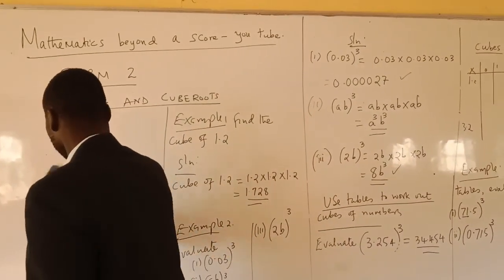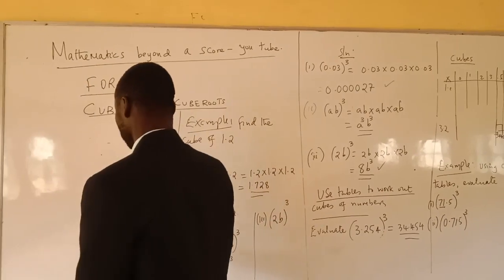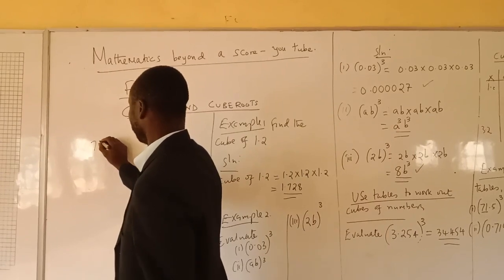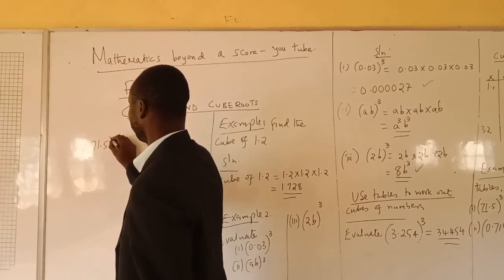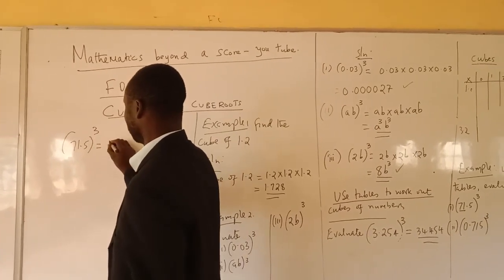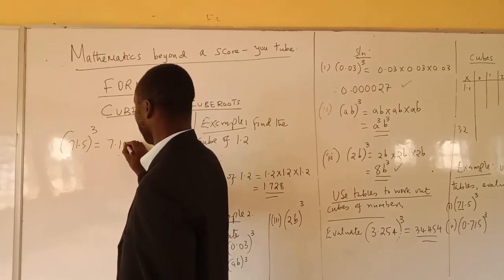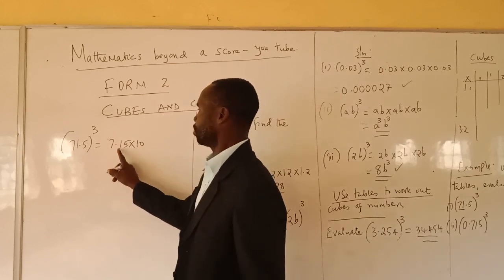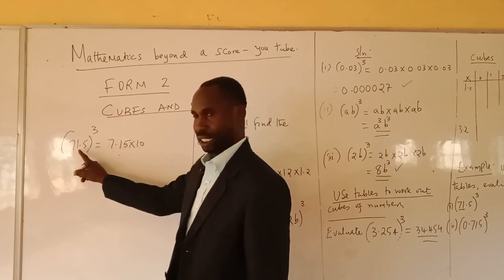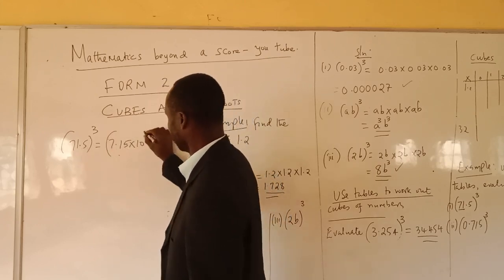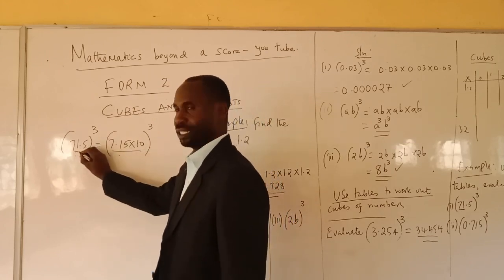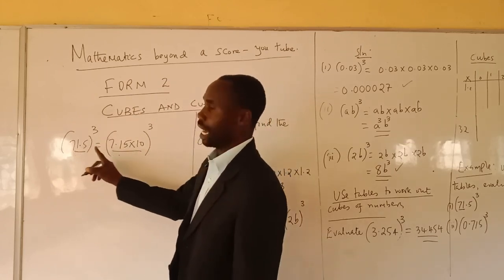And the easy manner is you will write 71.5 cubed is the same as 7.15 multiplied by 10, cubed. 7.15 times 10, the decimal point will come here, which is 71.5. So when I close like this, I write cubic. This expression here is the same as this expression. So the two are equal.